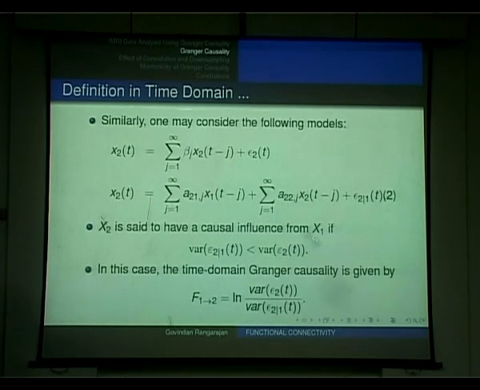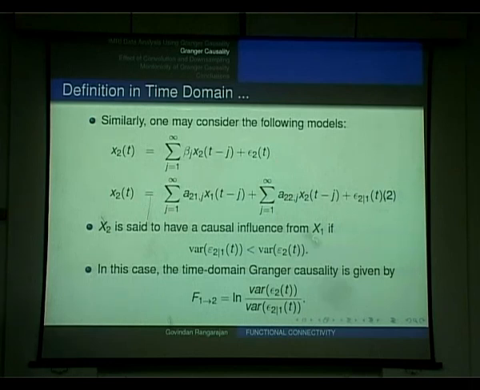And you can do a similar procedure for looking at causality from 1 to 2. That is, you try to predict the current value of x2 using the past of x2 alone. Then you get some error epsilon 2. Then you try to predict the current value of x2 not only using the past of x2, but also the past of x1, and you get another error.